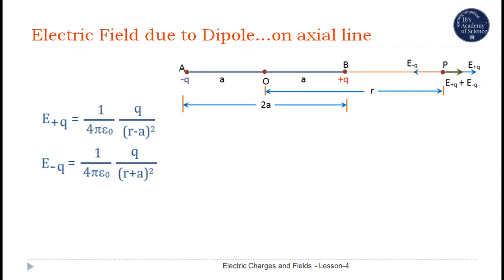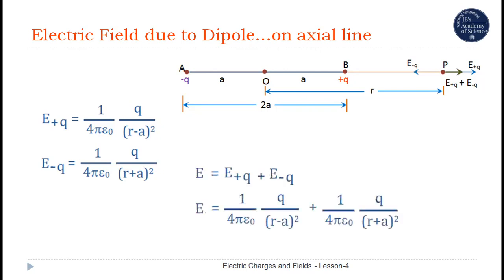Then E plus q is equal to 1 by 4 pi epsilon 0 q divided by (r minus a) whole square, where r minus a is the distance between charge plus q and point P. Now, E minus q is equal to 1 by 4 pi epsilon 0 q divided by (r plus a) whole square, where r plus a is the distance between minus q charge and the point P. Now, the resultant field at P, E, is the resultant of the field due to plus q charge and the field due to minus q charge.